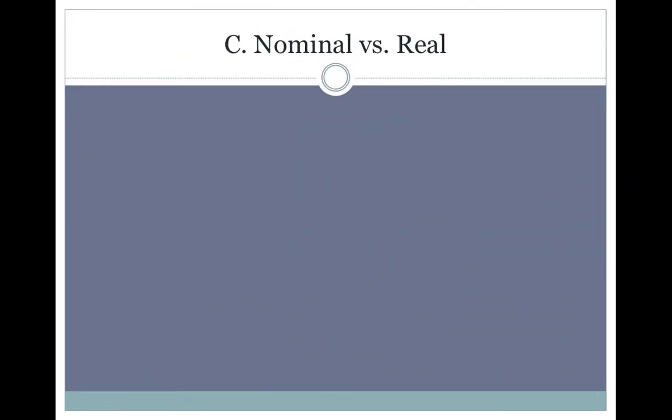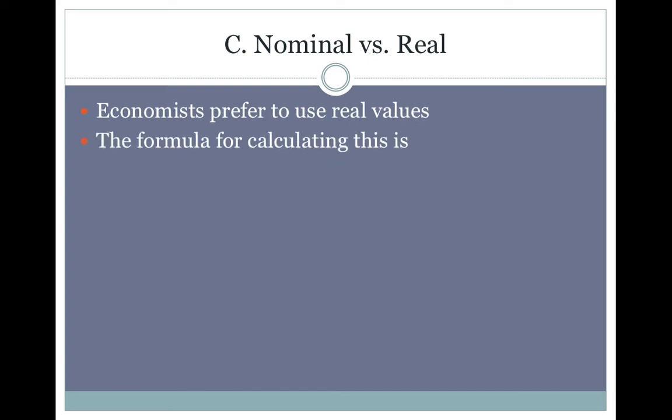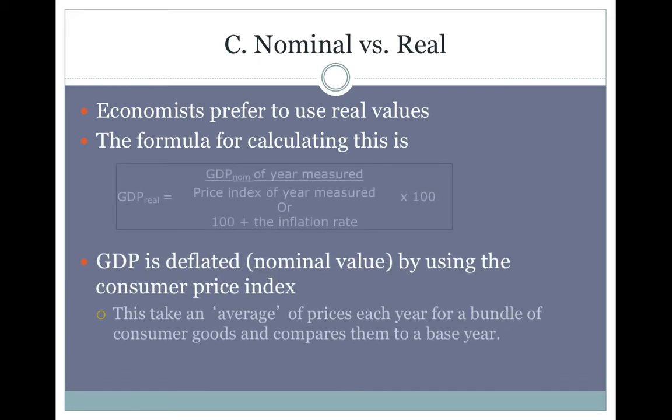Okay, nominal versus real GDP. Economists prefer to use real values. So what we do to calculate real GDP is we basically take nominal GDP, right? We can use the expenditure method and add up the consumption, the investment, the government spending, exports minus imports, add that all together, that's the nominal GDP.